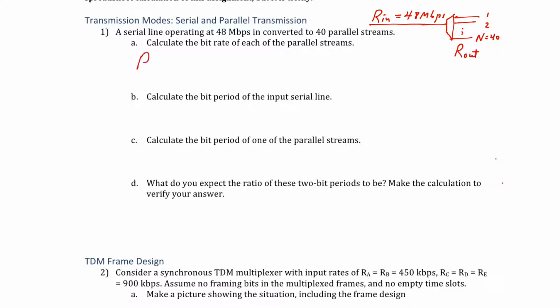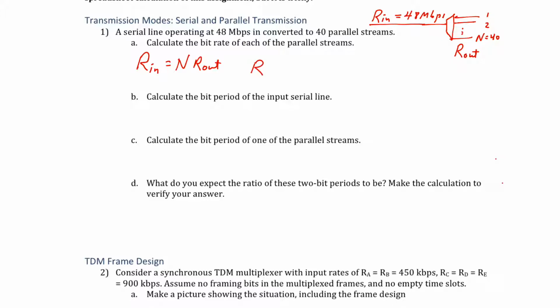And we have a very simple relationship here: R in is equal to n times R out. Okay? In the absence of any other information being given about the multiplexing or demultiplexing here.